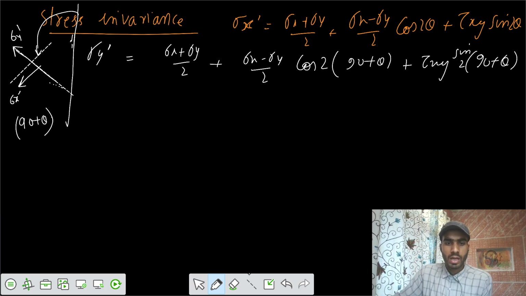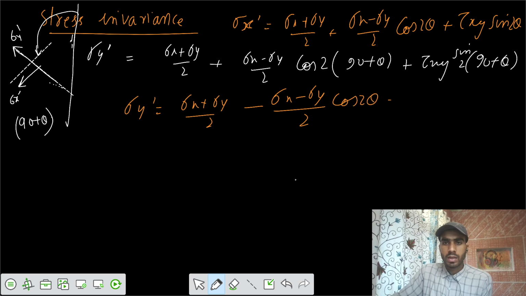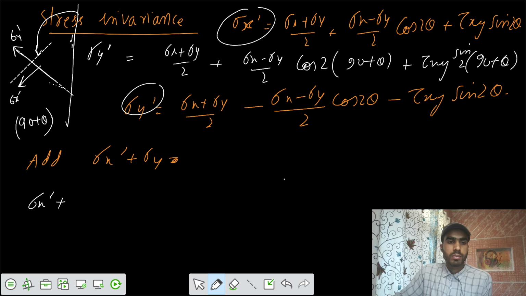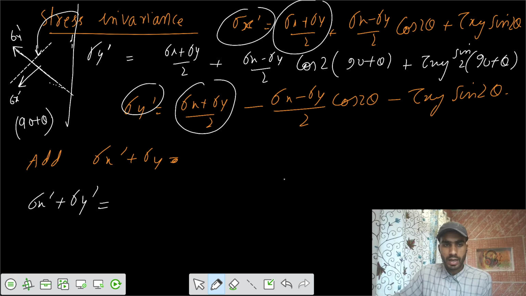When you substitute the values, you get sigma y dash equals sigma x plus sigma y by 2 minus sigma x minus sigma y by 2 cos 2 theta minus tau xy sine 2 theta. Now if you add sigma x dash and sigma y dash, these two equations, you get sigma x dash plus sigma y dash equals the net value of sigma x plus sigma y.